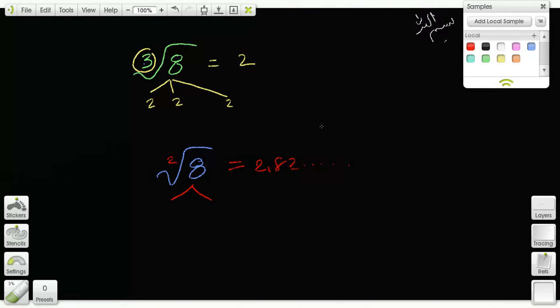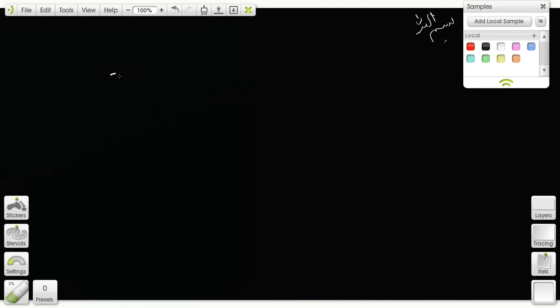So the first thing you have to understand is, what does this symbol represent? Commonly we take square roots, but in fact, you can take any root. You can take cube root, you can take ninth root, you can take a billionth root if you want to. I don't know why you would want to, but you can. In fact, you can take an nth root of something.